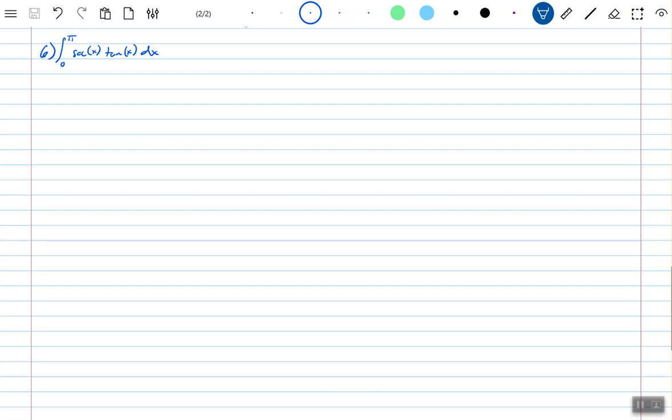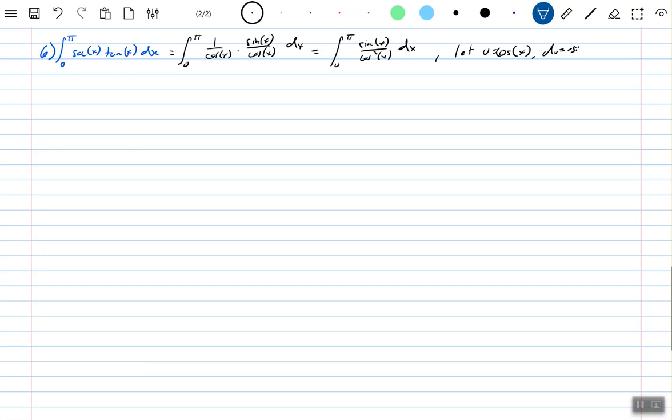You could rewrite this integral as the integral from 0 to pi of 1 over cosine of x times sine of x over cosine of x dx, which is equal to the integral from 0 to pi of sine of x over cosine squared of x dx. Let u equal cosine of x. Find du is equal to negative sine of x, and so on.